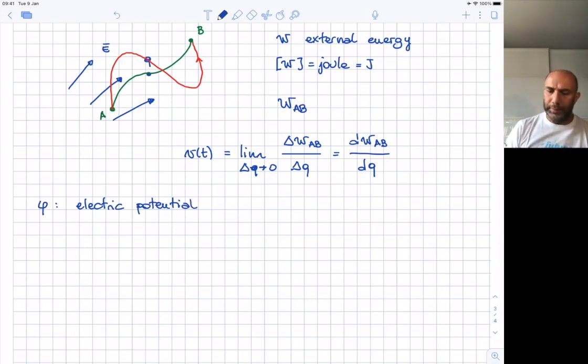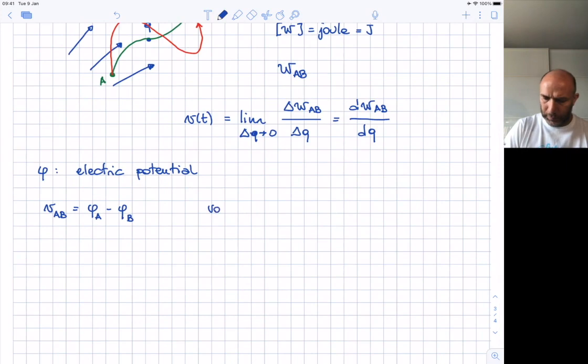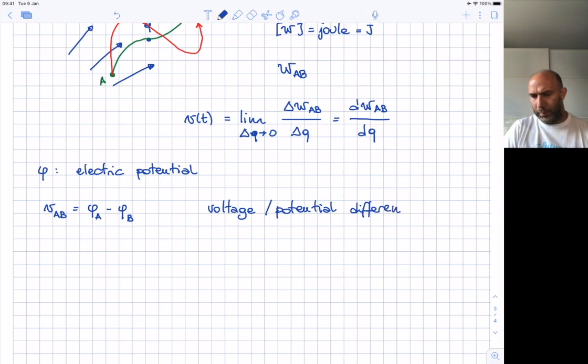And we can say that the voltage applied from the point A and the point B equals phi A, the potential of the point A, minus the potential of point B. So we may see the electric voltage also as an electric potential difference. And this quantity is also called sometimes electromotive force.